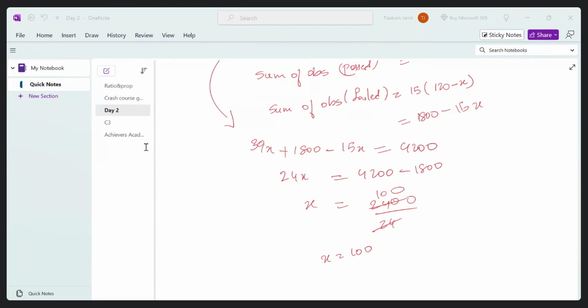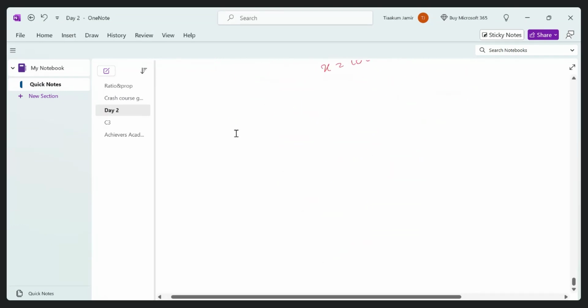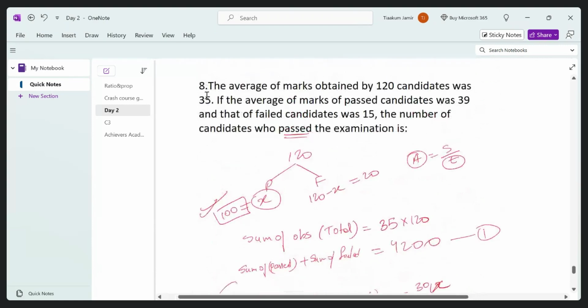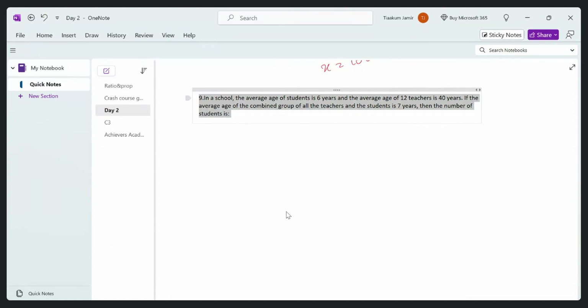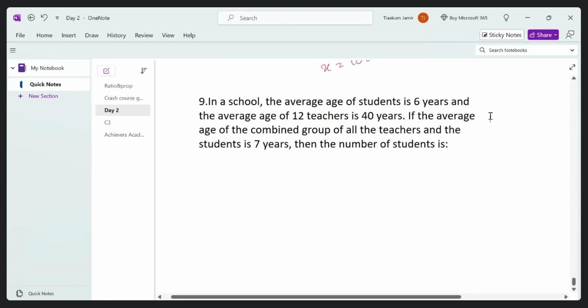Let's try one more question from average. All right. You want to give it a try?